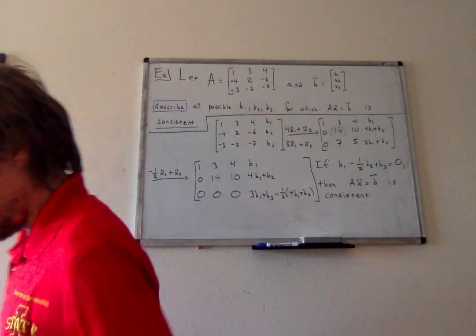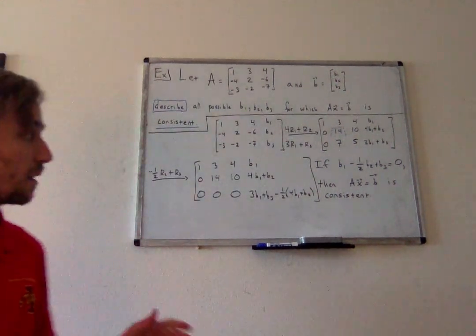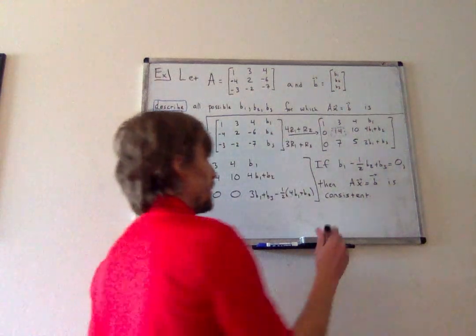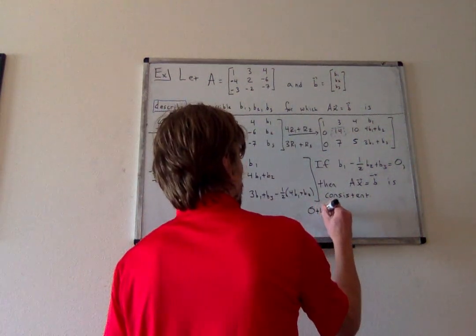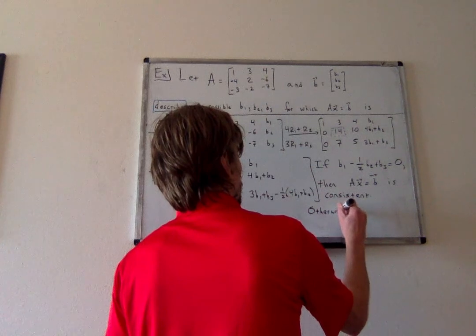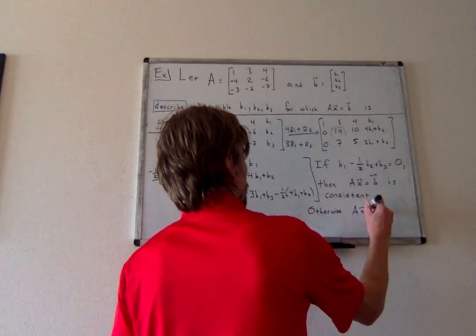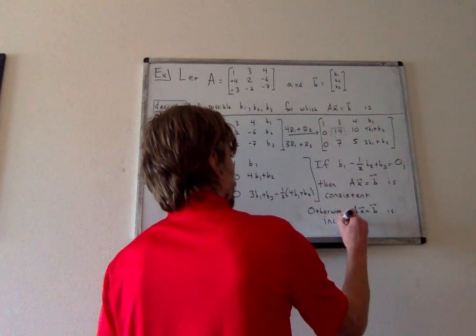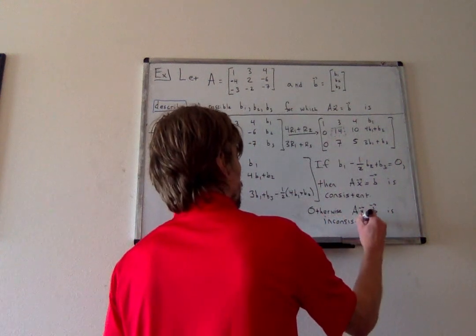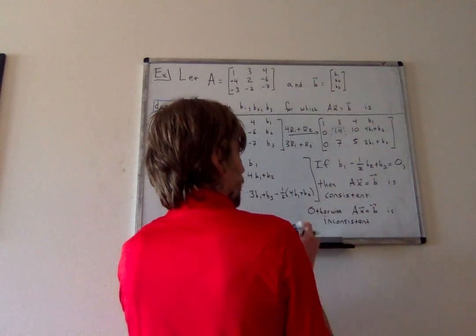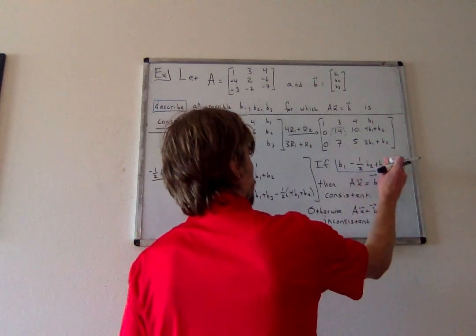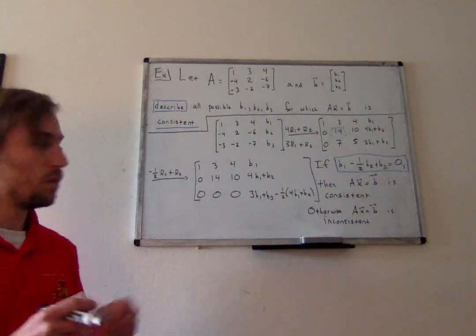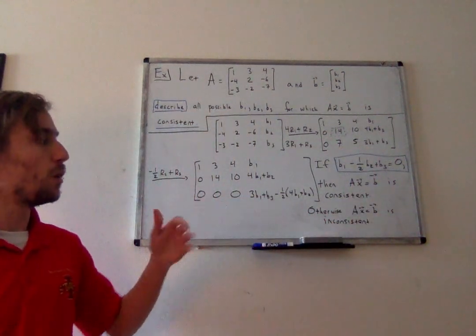But notice, if this polynomial is not 0, then the system is inconsistent. And so otherwise, Ax equals b is inconsistent. And so, of course, this equaling 0 leaves me a lot of leeway, right? I only have to satisfy one relation on b1, b2, b3.